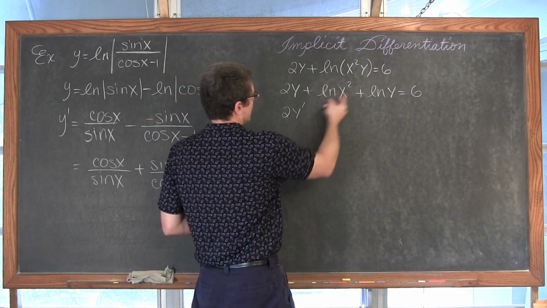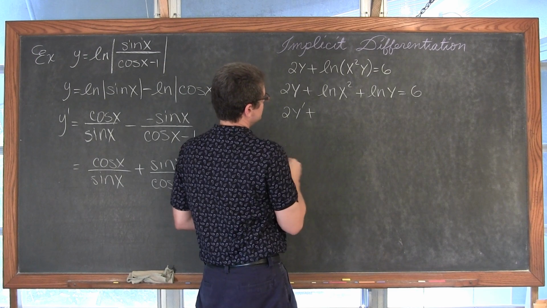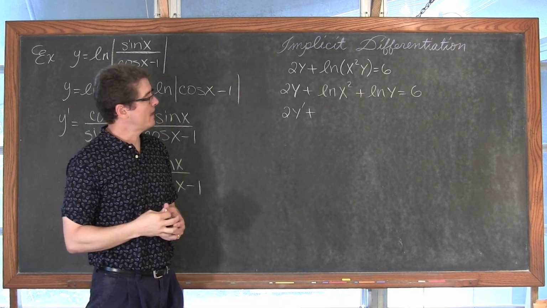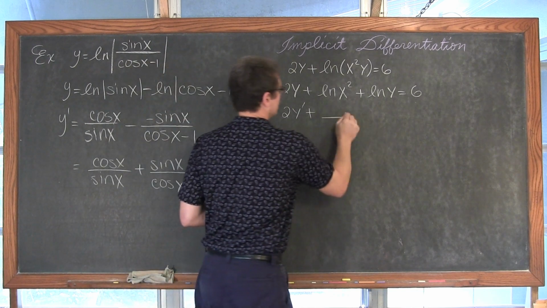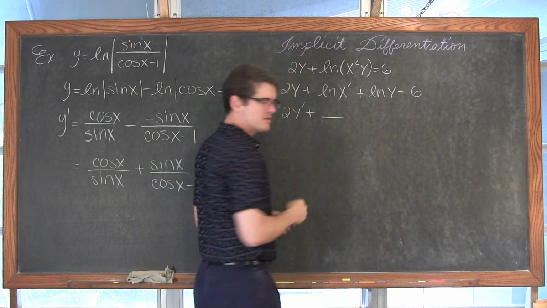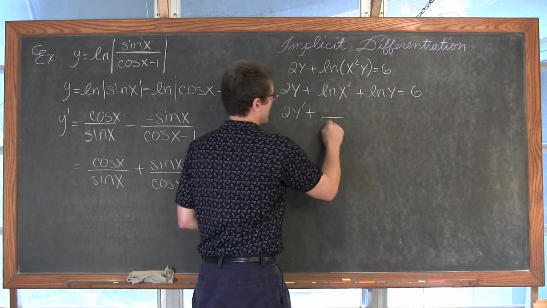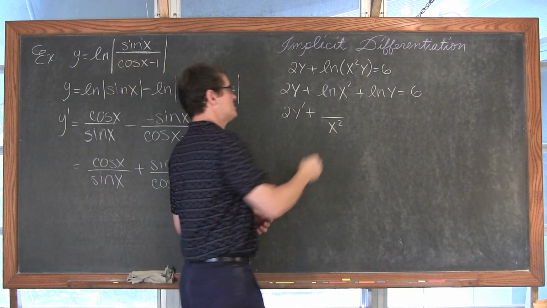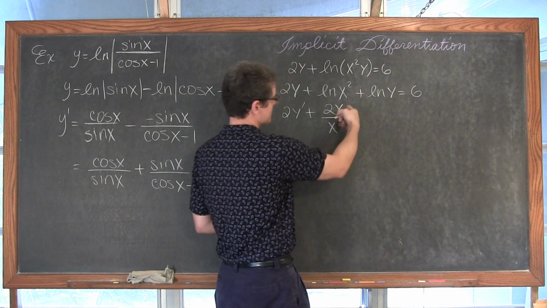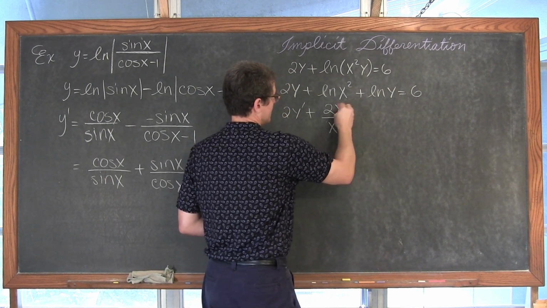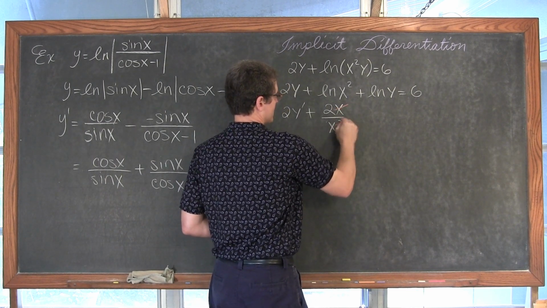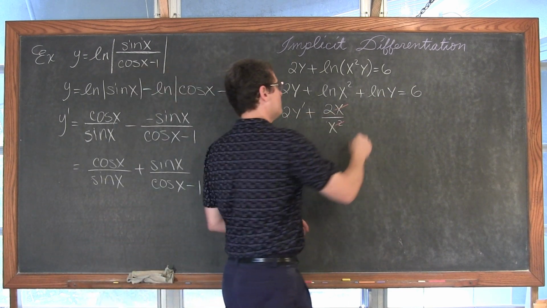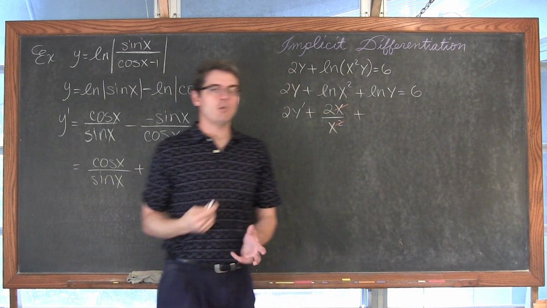Over here we have plus, now u is going to be x squared, and the derivative of x squared with respect to x is going to be 2x. So we'll have some cancellation going there. This x in the numerator and one of these two x's in the denominator will cancel out. And then over here we have plus the natural log of y.